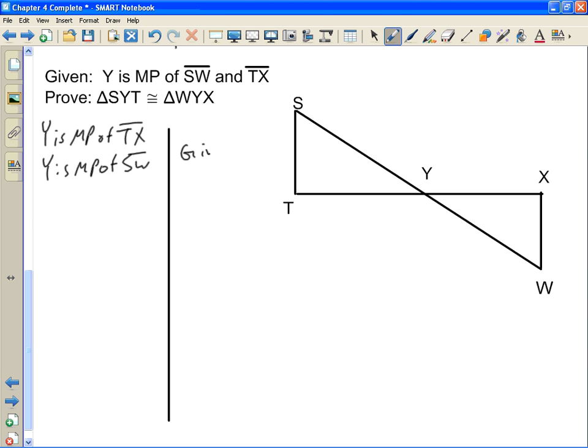That's given. So Y is the midpoint of TX. Here's TX. Y is in the middle of that. So that tells me that these are congruent. So I'm going to write that down over here. TY is congruent to YX. Okay, that's the definition of a midpoint again.